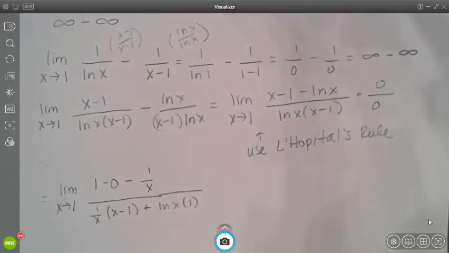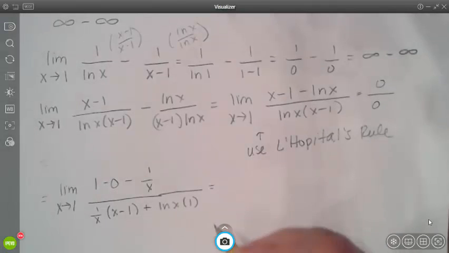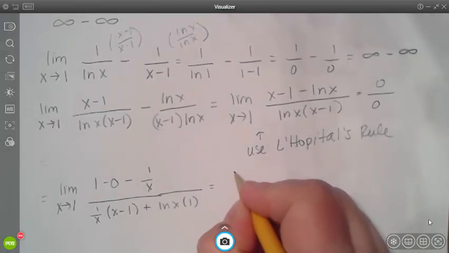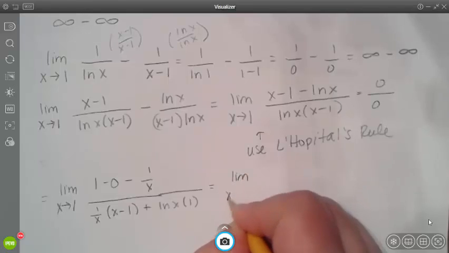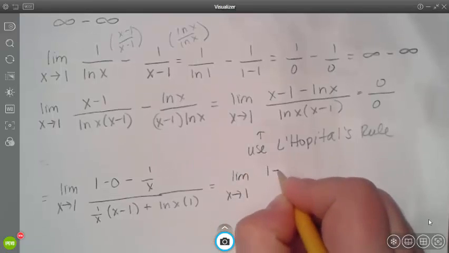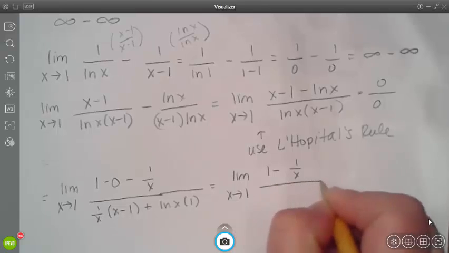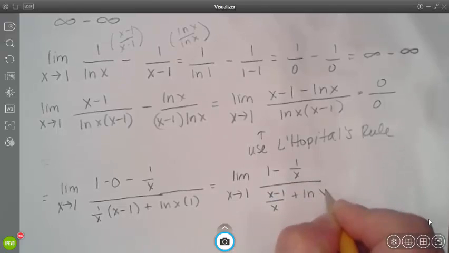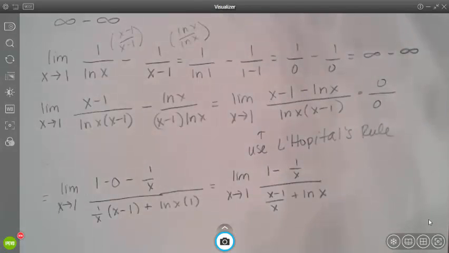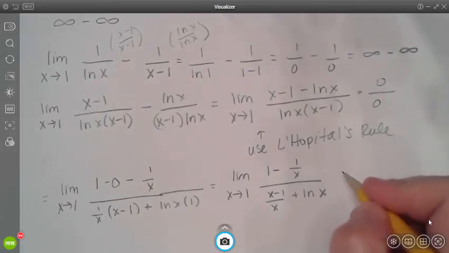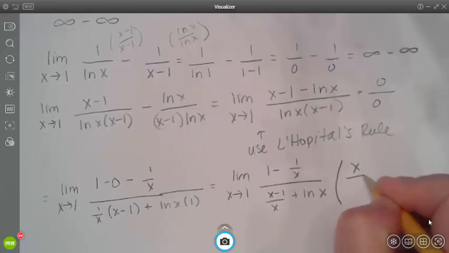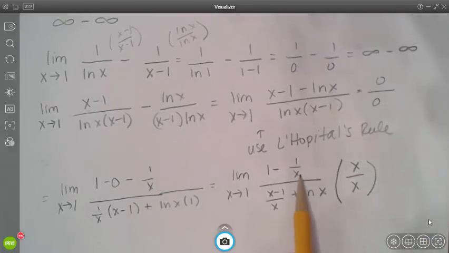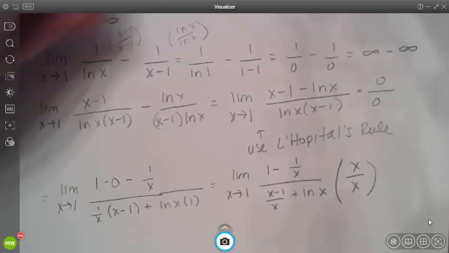Now we're going to have to do some simplifying, which is everyone's favorite thing to do. So we have the limit as x approaches 1 of 1 minus 1 over x, over x minus 1 over x plus the natural log of x. I'm going to use my simplifying trick where I multiply everything by x over x, because that's the denominator I have.